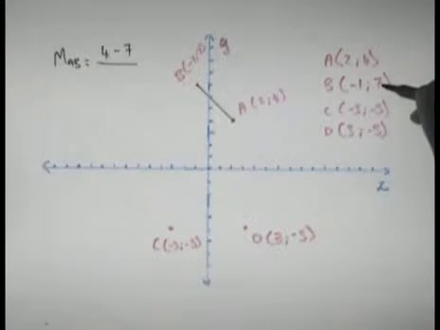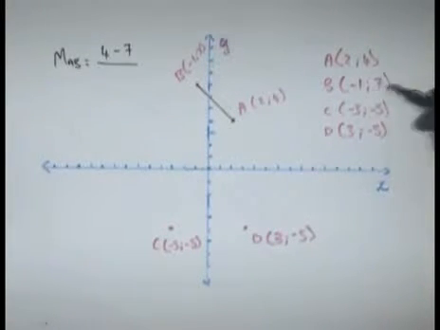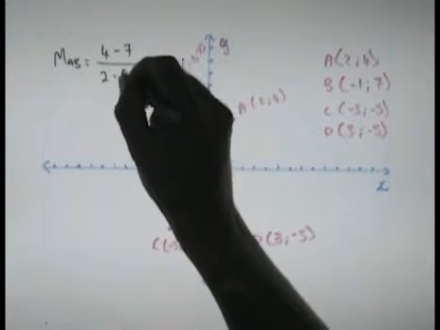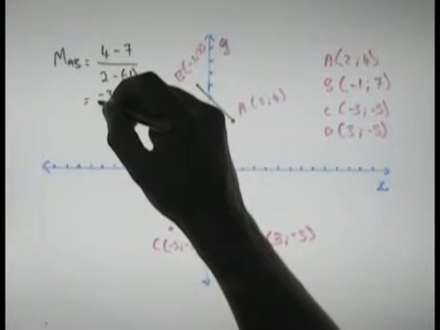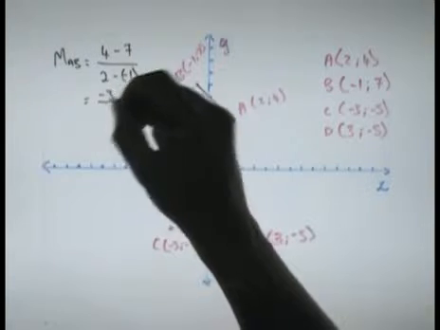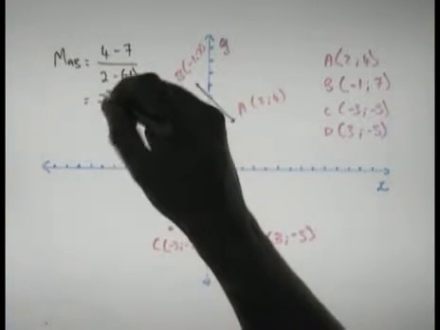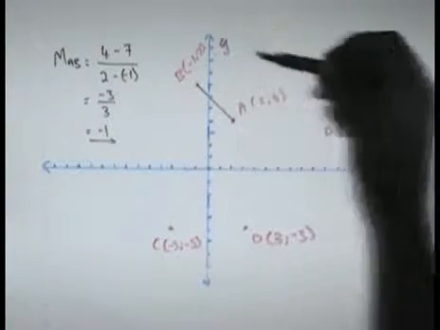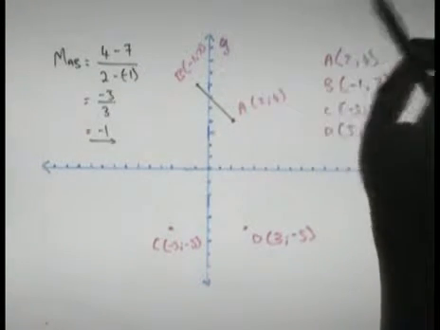Remember, the y coordinate of B is 7, the y coordinate of A is 4, over x2 minus x1, which is going to be 2 minus minus 1, which is going to equal 4 minus 7 is negative 3. 2 minus minus 1 is the same as 2 plus 1, which gives me a gradient of positive 3. Negative 3 divided by positive 3 is negative 1. That means my gradient of AB is given as negative 1.